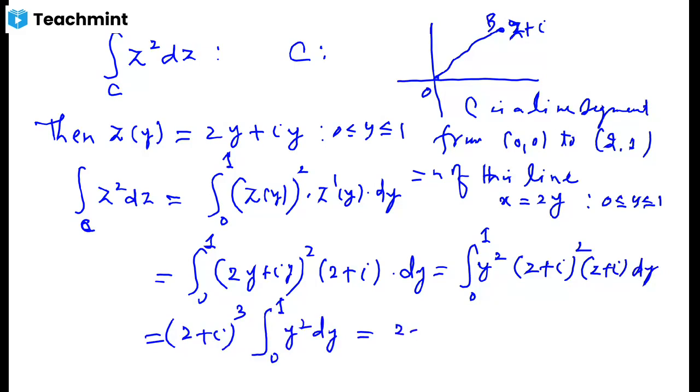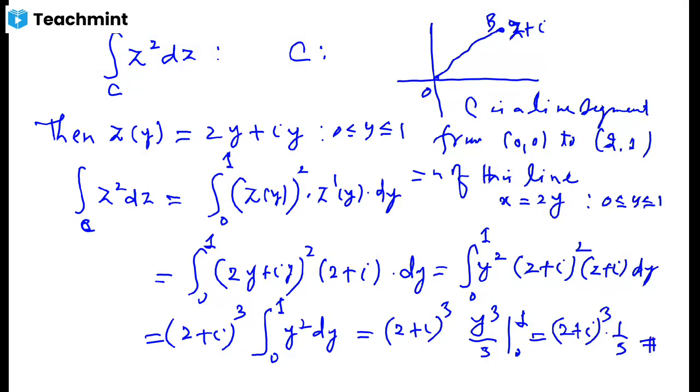It has to be y cube by 3 with limits from 0 to 1, so (2 plus i) cube into 1 by 3. You can further simplify it if you expand this (2 plus i) cube. The important thing here is you need to know the parameterization of the curve. Do you have any question?